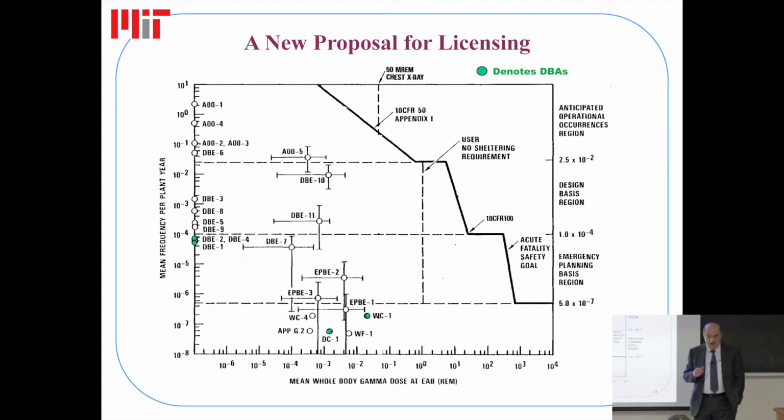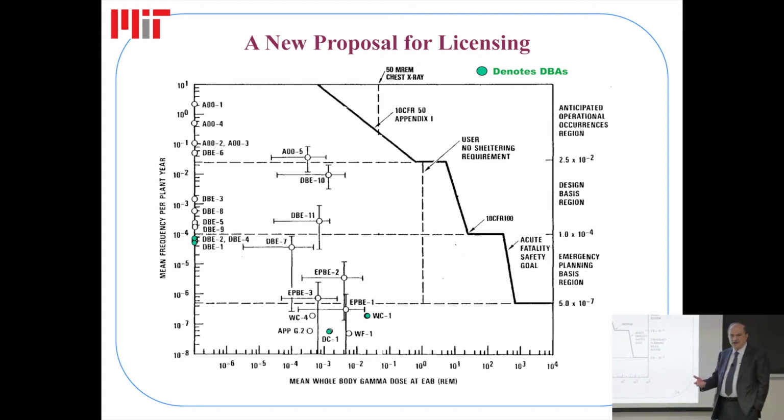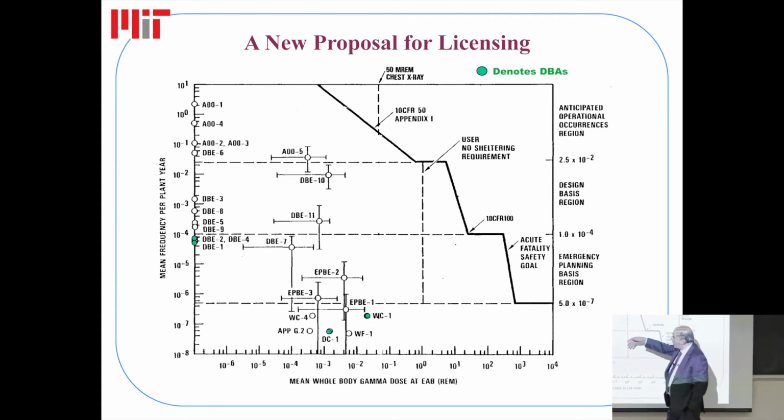And the leader in this effort is a utility, Southern Company. The idea is not to define the design basis accidents arbitrarily, but using risk information. So they're saying, look at this plot.